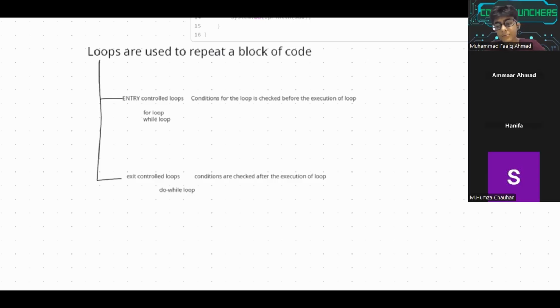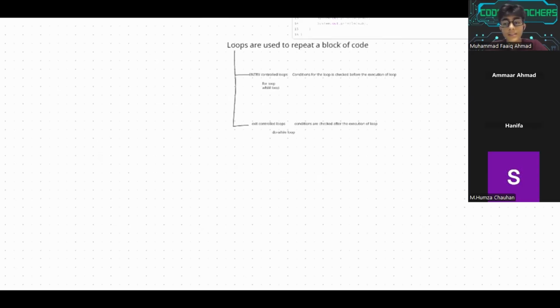You're requested to type it in the chat box and send the program to me. Clarifying the question: you have to input two numbers and then print their sum 4 times. That is, you'll store their sum in a variable and then print the value of that variable 4 times. As simple as that, as we were doing: input a number and print it 2 times or 3 times, same way. So send it in the chat box, then we'll discuss.